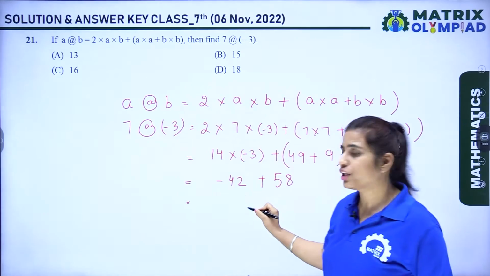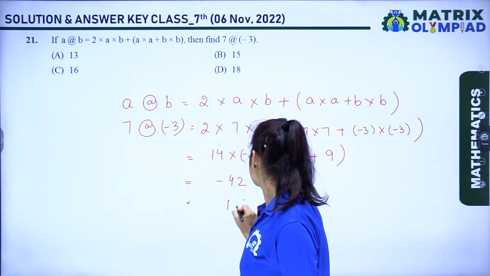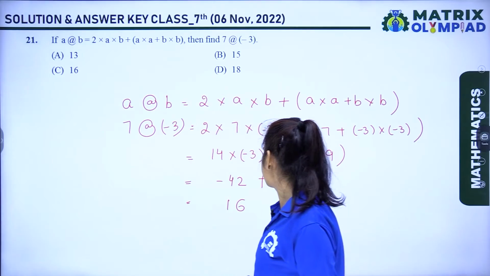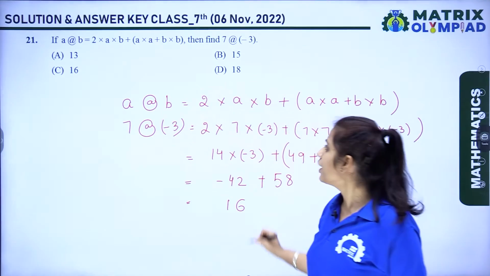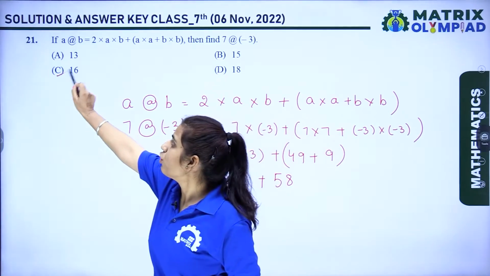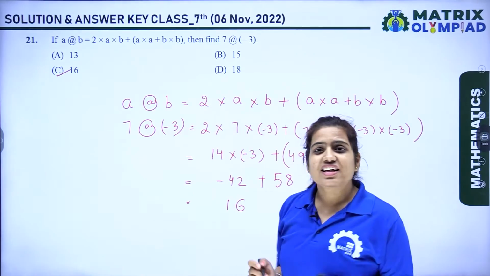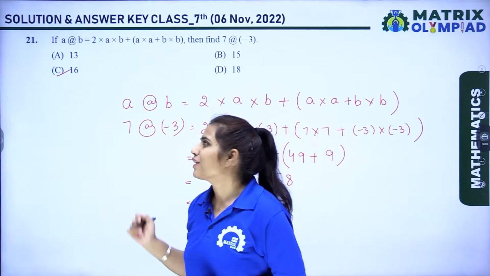So, negative 42 plus 58, we get 16. So, here the correct answer is 16, that is option C. So, option C is the correct answer for question 21.